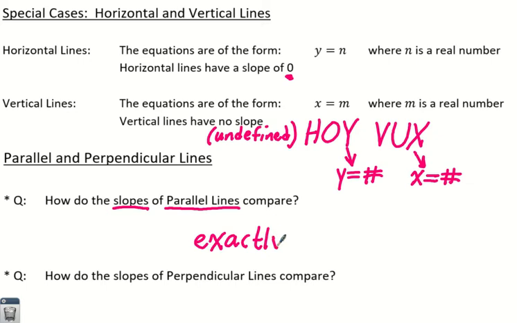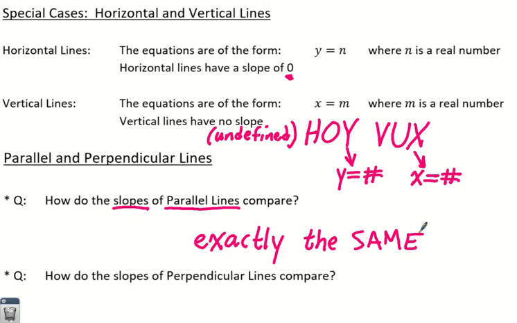Exactly the same. Which makes sense. Parallel lines have exactly the same slope.